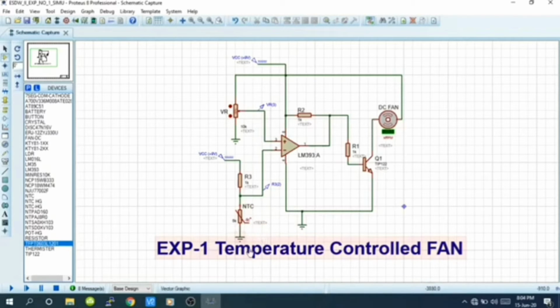So the op-amp output pin number 1 will become high and the transistor will be on. This condition of the NPN transistor allows the fan to start. As the thermistor returns to the normal condition, the fan will automatically turn off.